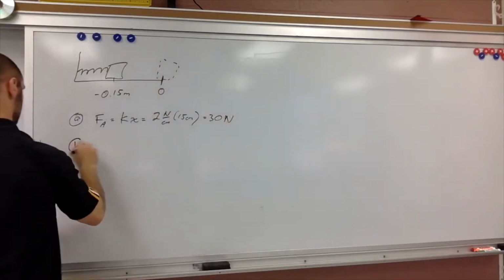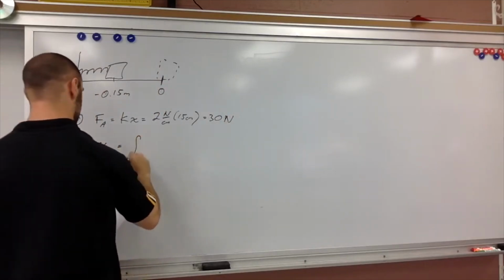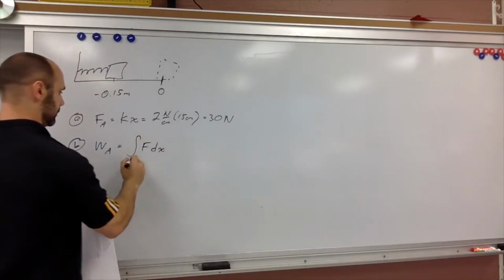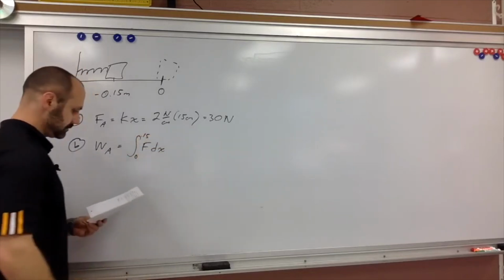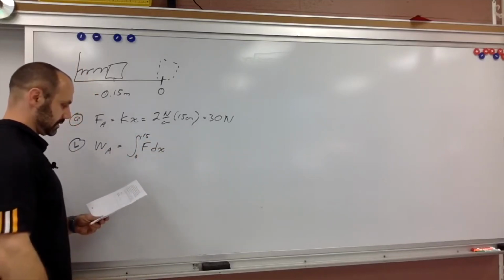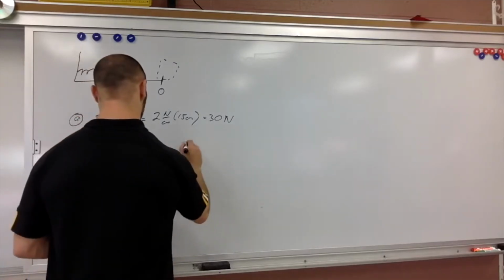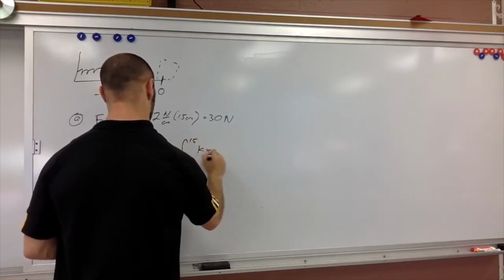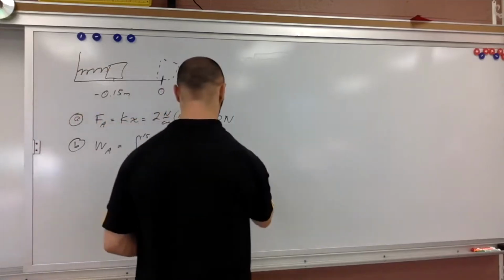All right, B, the applied work that's done, this is the integral of F dx, from 0 to 0.15. Now I'm going to put everything in terms of meters. F is kx. dx, just to show you the calculus again, but this is going to work out like it normally does.